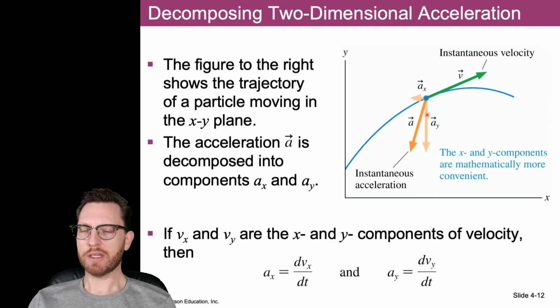Remember that total vector A just came from taking that limit as delta t shrinks to 0. That gives us time derivatives, and so the individual components ax are just the time derivatives of vx at that instant in time.